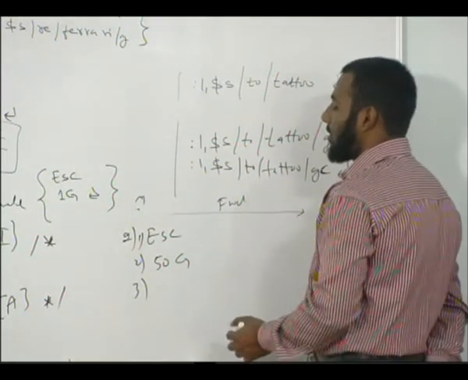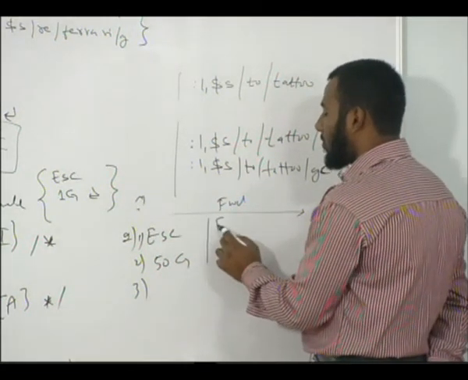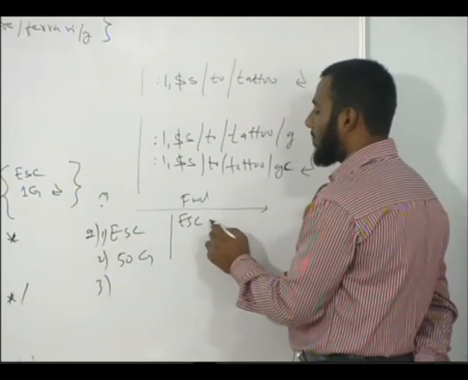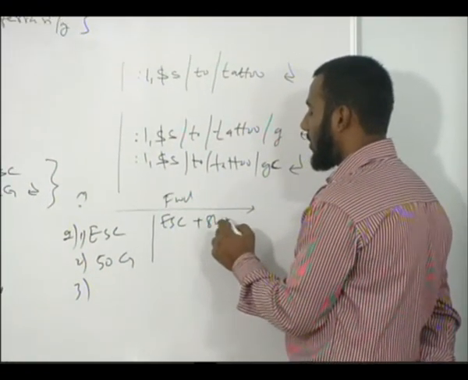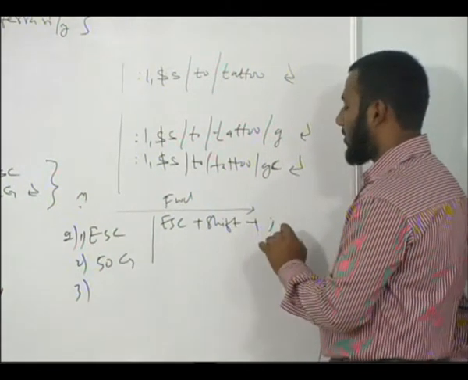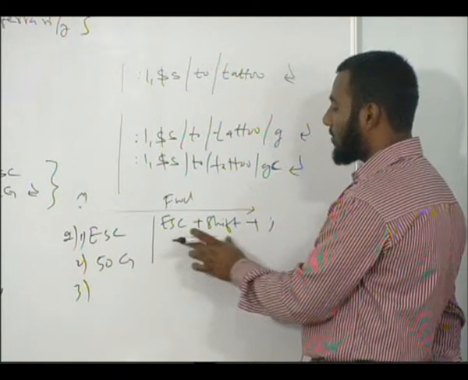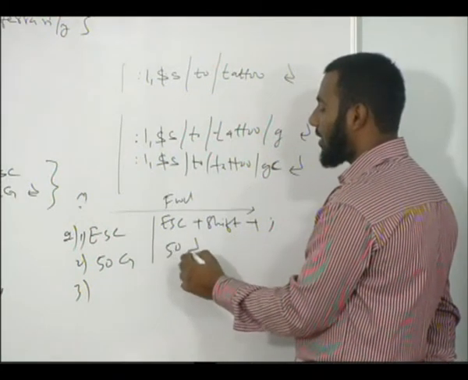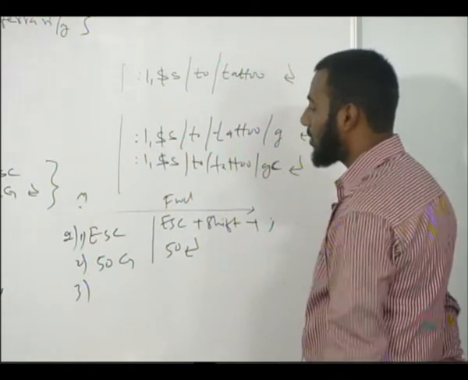There is one more option. You can press escape plus shift plus colon. It gives you an execution mode. You can write 50 and hit enter. So there are both ways of going to the 50th line.